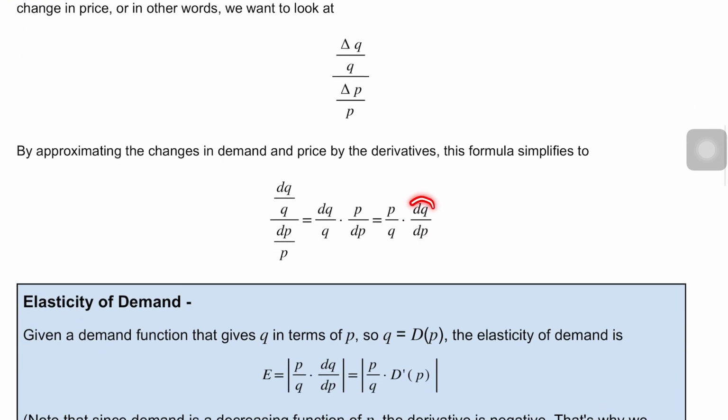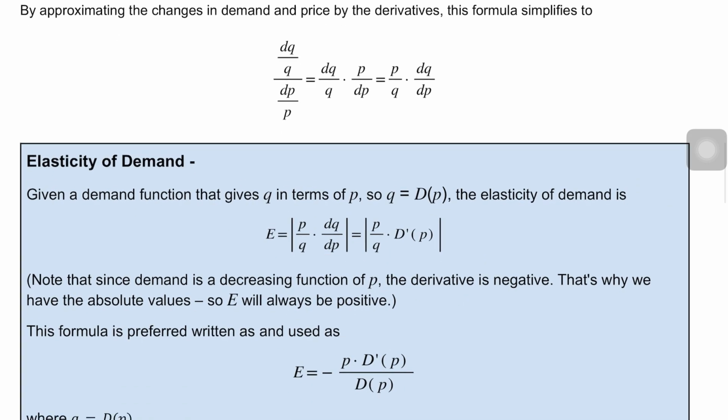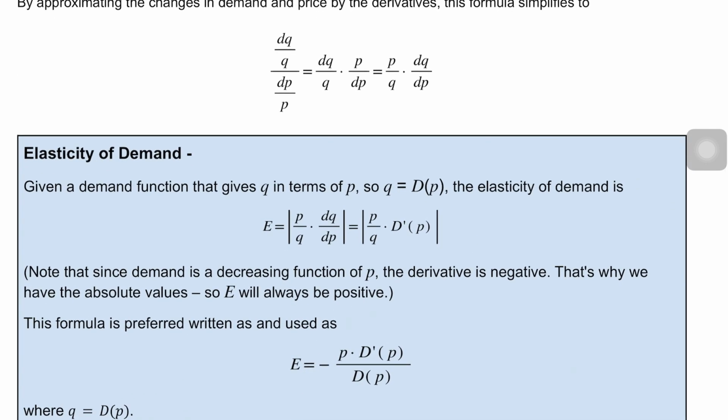But this one looks just like a derivative, right? The derivative of Q with respect to P. So that's actually what we're getting, right? So that gives us the elasticity function.